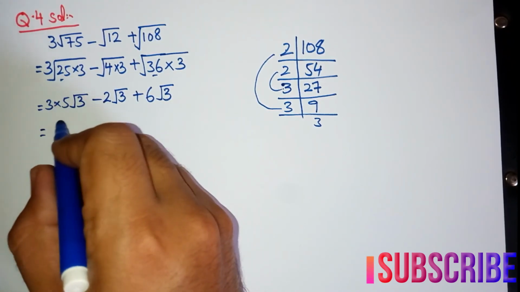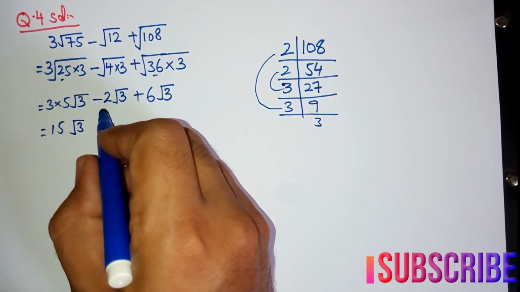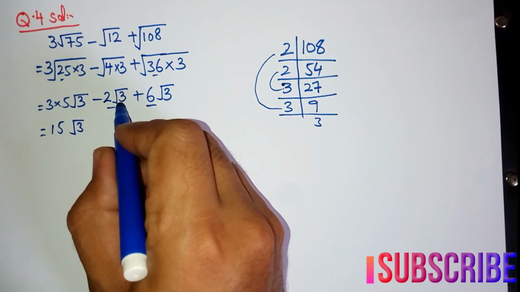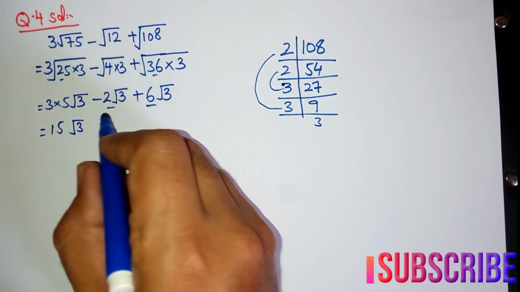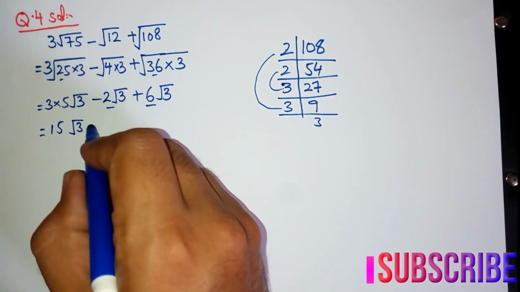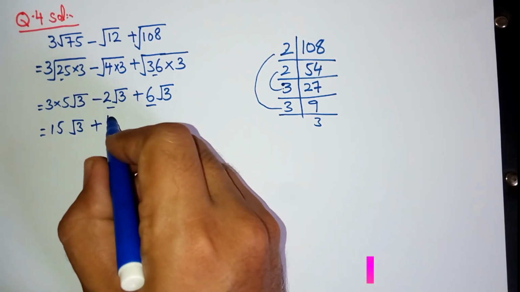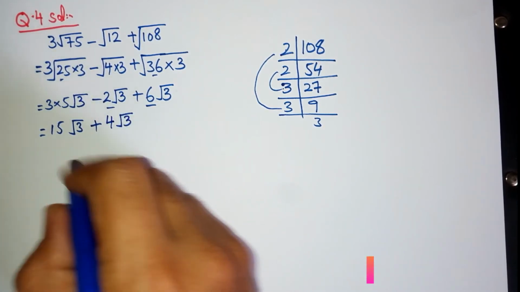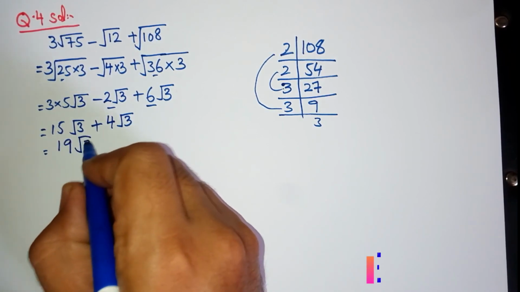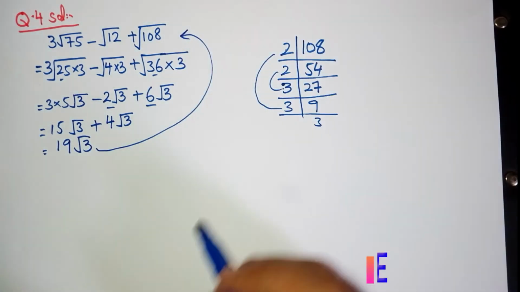Because of the same square root number inside, they can be simplified by addition or subtraction. So minus 2 plus 6 will be 4 square root 3. So 15 plus 4 will be 19 square root 3. This is the answer of this question.